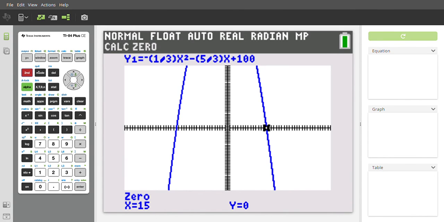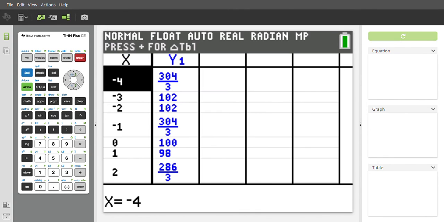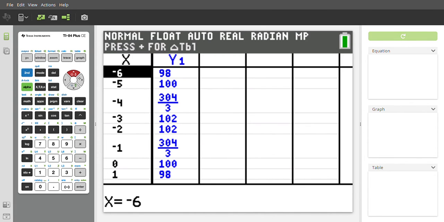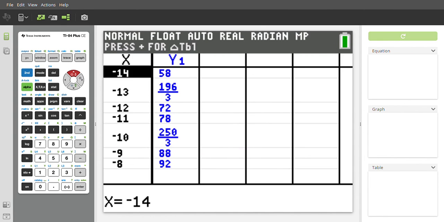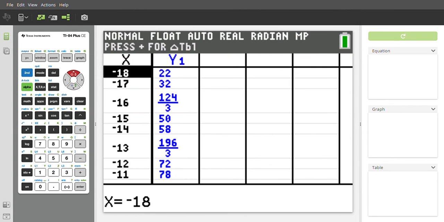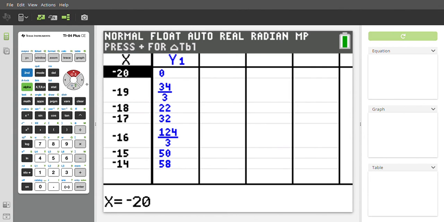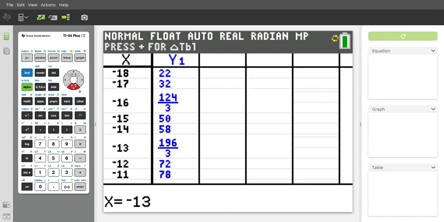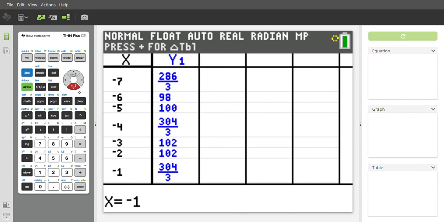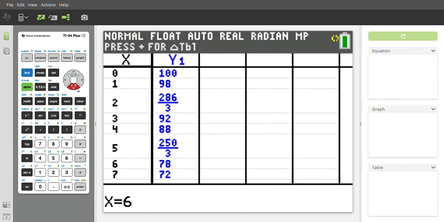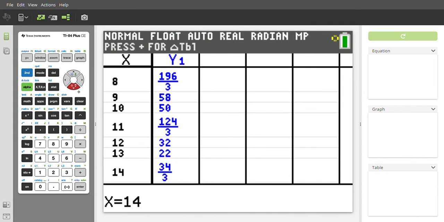That means they're going to show up in the table, doesn't it? So let's go to, what did I say? -20. Yep, look, y equals 0 at -20. And then also +15.